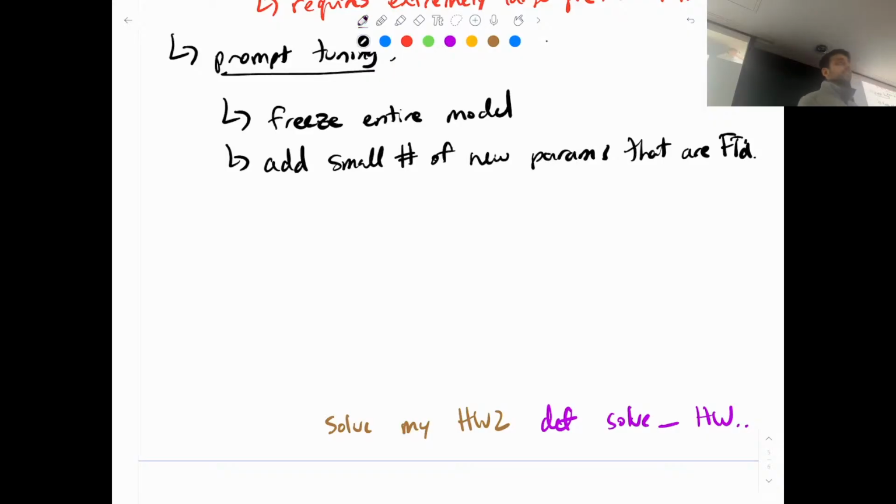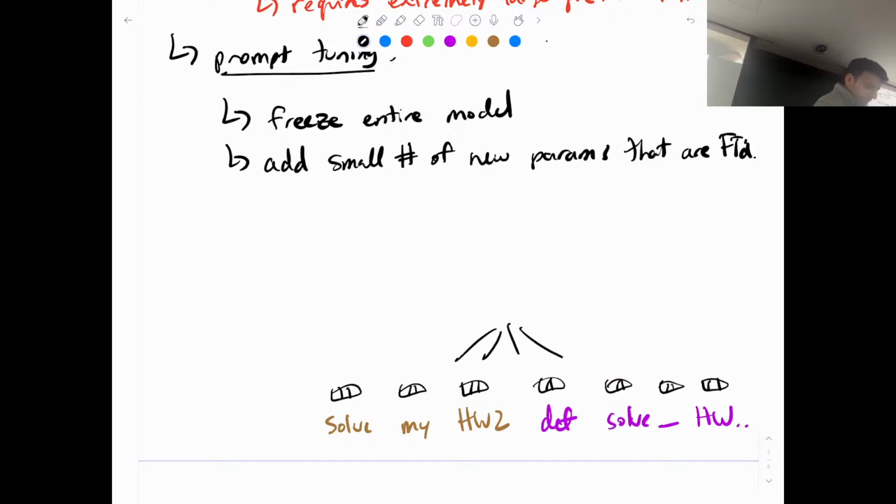Now our pre-trained model can take this input, and it'll embed all of these tokens. It'll pass them into this pre-trained transformer. And here we'll use our prefix LM mask so the prompt tokens can look at each other.